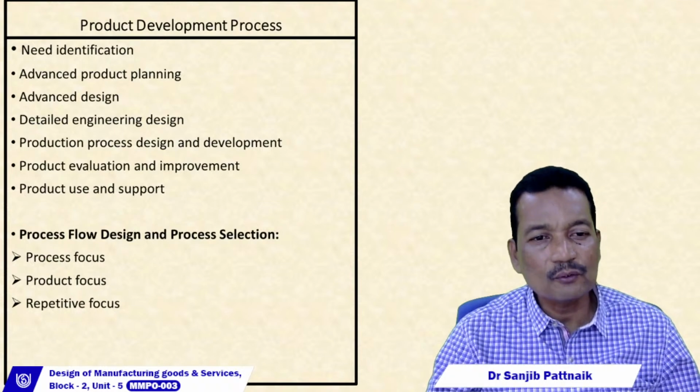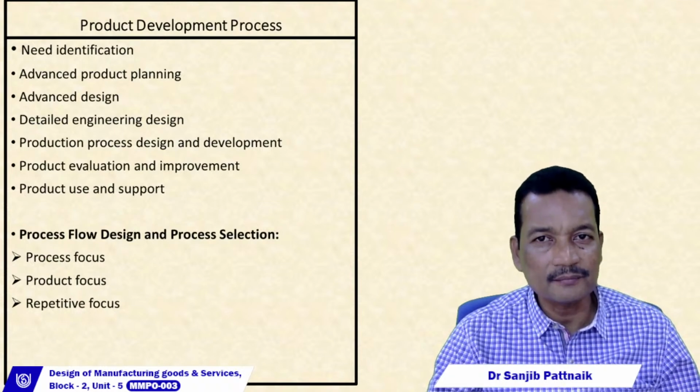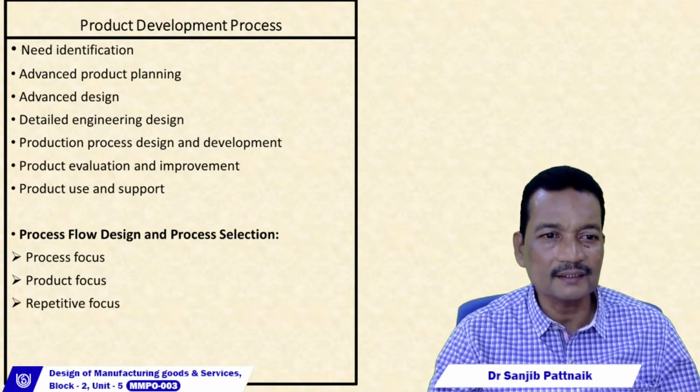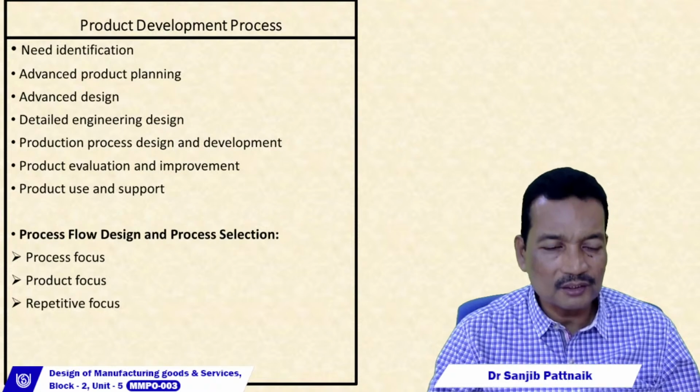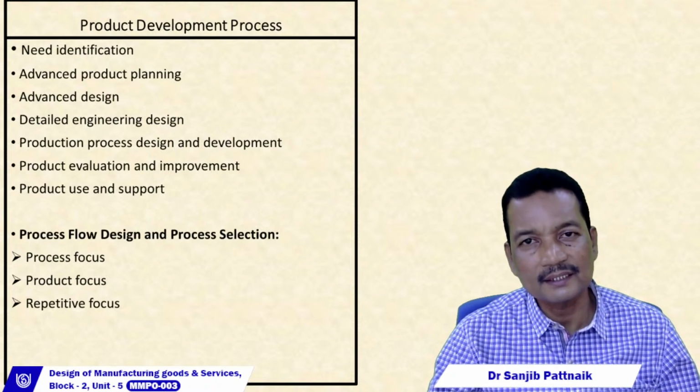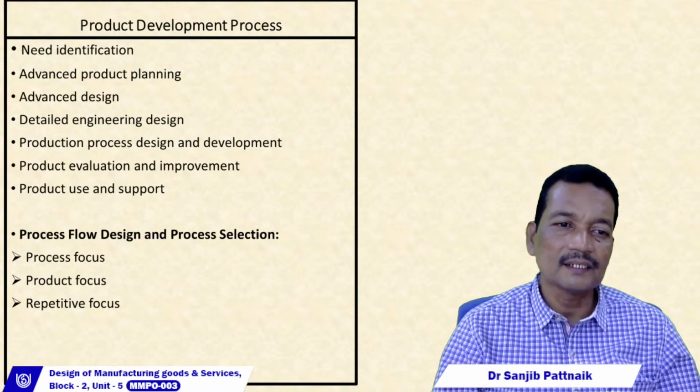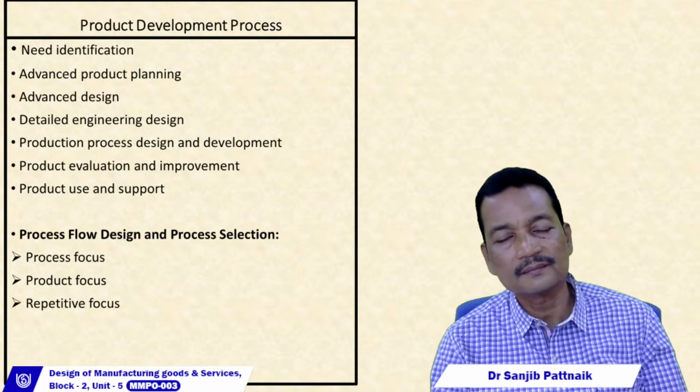Now the process flow design or the process selection can be of three types. One is the process focus, another one is the product focus, and another one is repetitive focus.